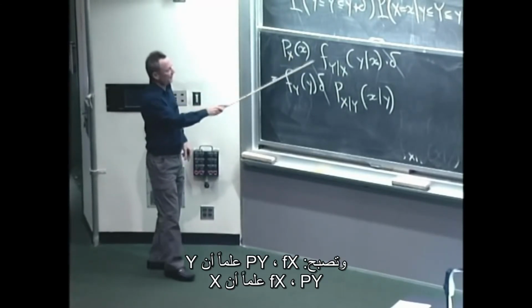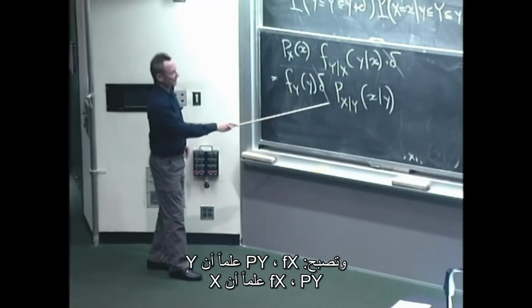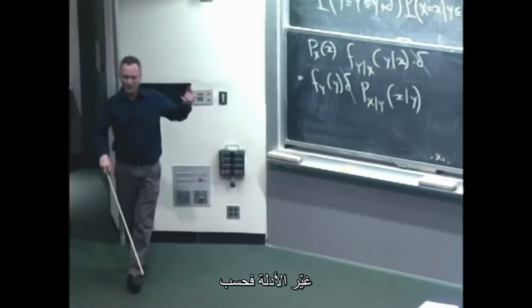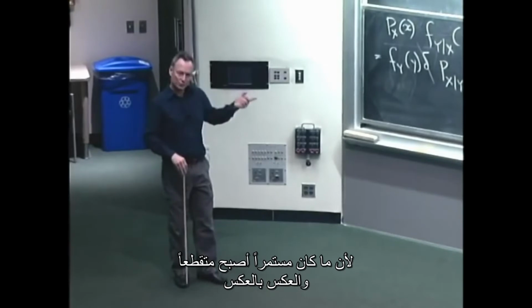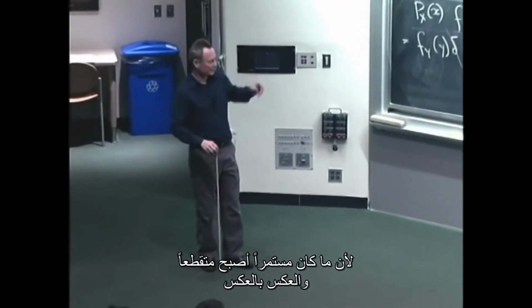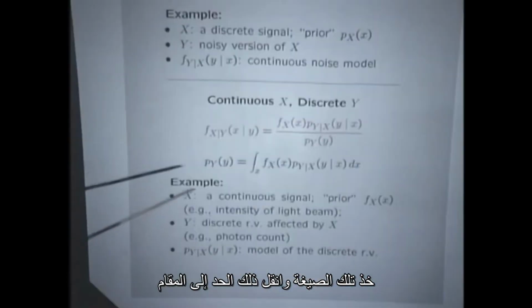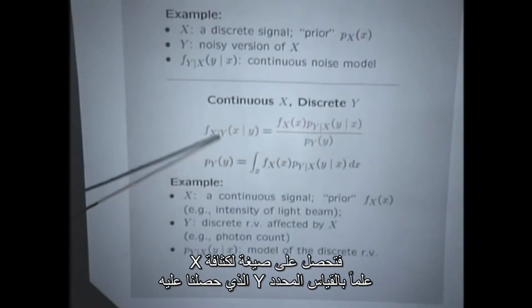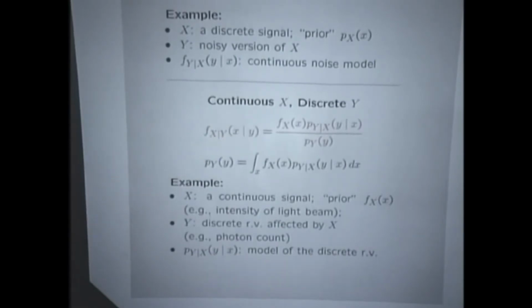It would be p_Y, f_X given y, f_X and p of y given x. So just change all the subscripts, because now what used to be continuous became discrete and vice versa. Take that formula, send the other term to the denominator, and we have a formula for the density of x given the particular measurement y that we have obtained.